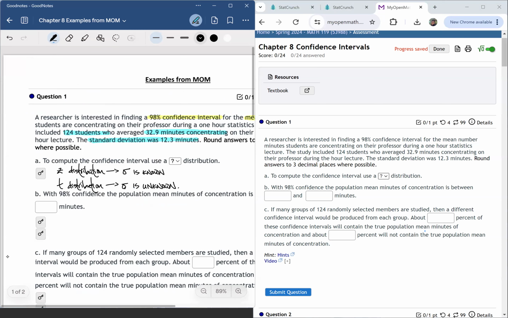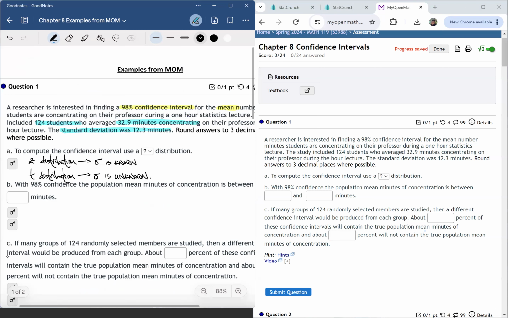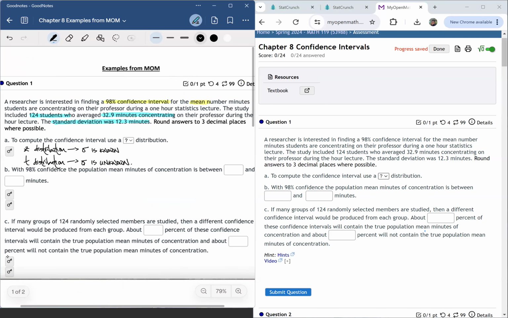Okay. And when I go back to the part that I highlighted in the blue, that standard deviation was of the 124 students. It was not of all of the students in the lecture. Okay. And so for that reason, in this case, we are going to take a look at a t distribution.